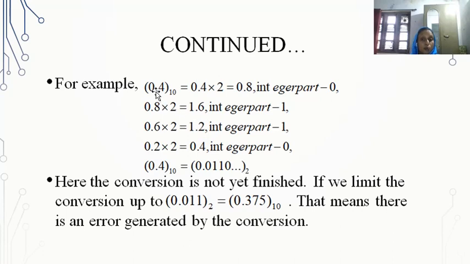But we converted 0.4, so there is a slight error in this conversion process. If we add more and more bits by continuing this process, the value approaches 0.4. That means an error is generated by the conversion. So this floating point representation has certain limitations in its range and in its accuracy.